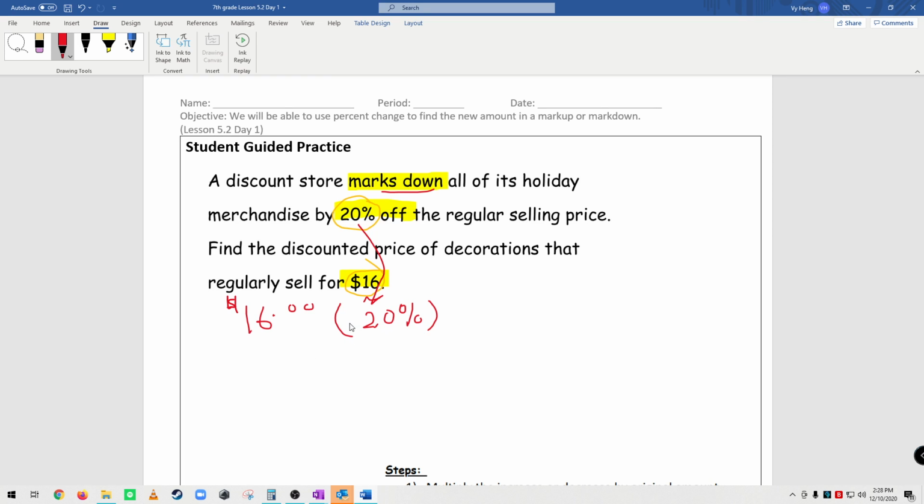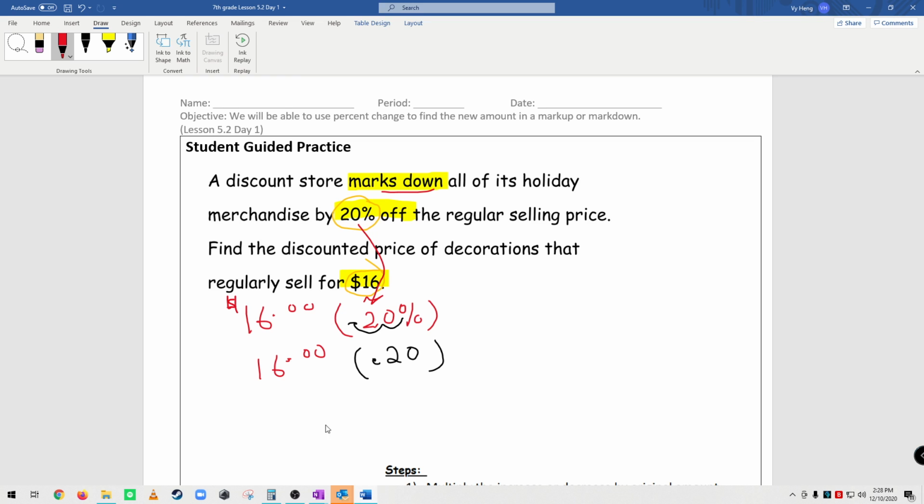And again, we need to change it to a decimal before you multiply to 16, so we're going to go 2 places to the left. So now we have 0.20, okay? And then you go ahead and multiply that $16 again. So it was 16 times 0.20.